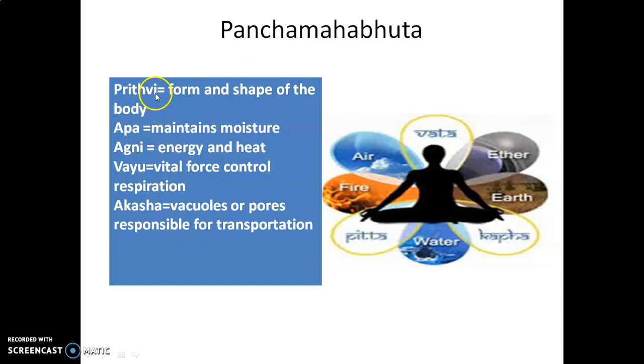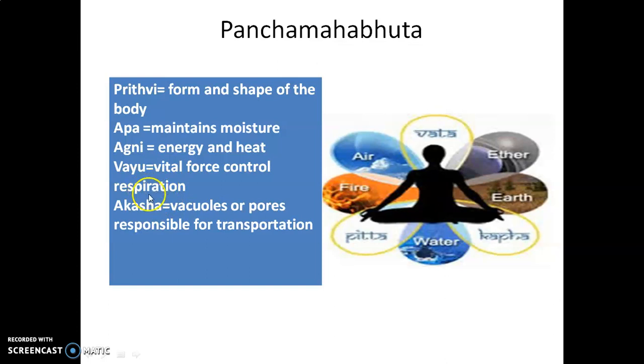These are Prithvi or Kshiti, Prithvi means earth, Apa or water, Agni or Tejas or fire, Vayu or Marut means air, and Akasha means void or space.